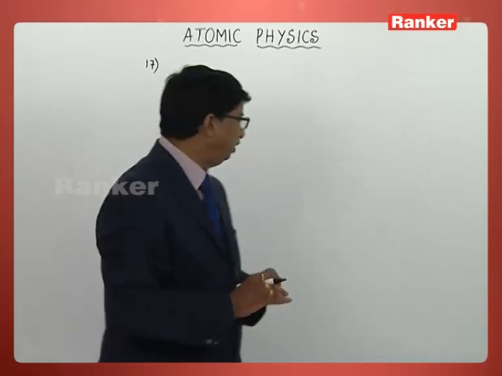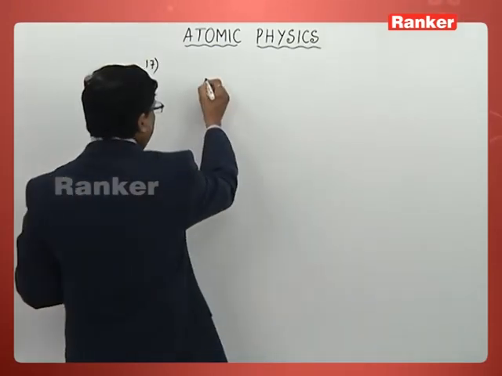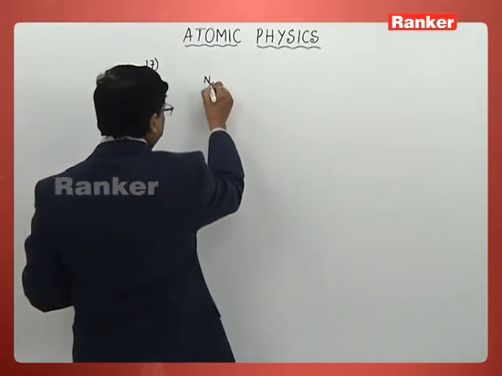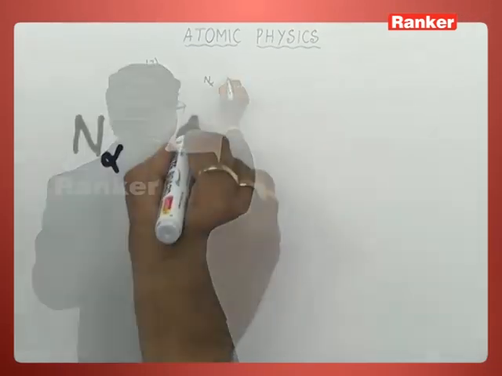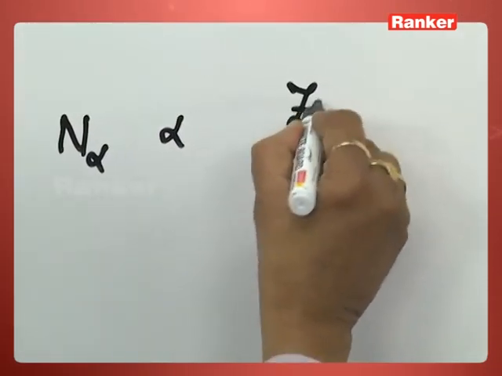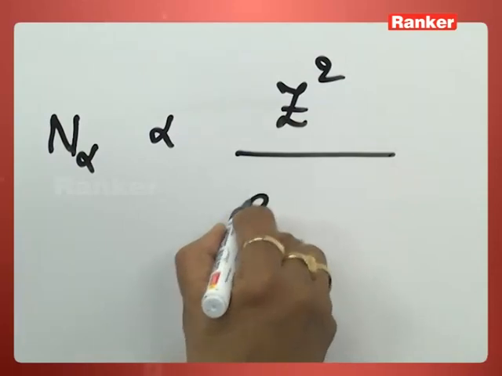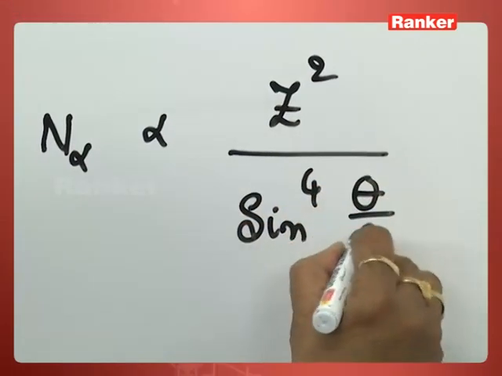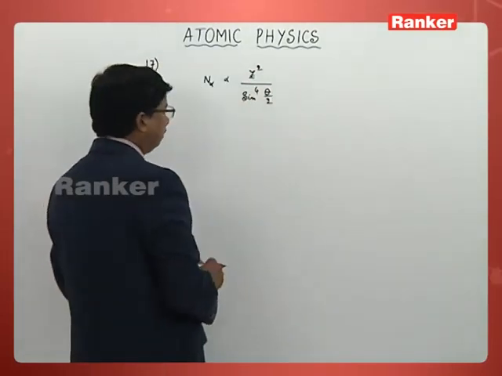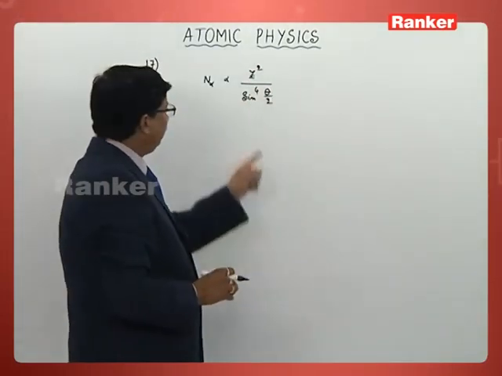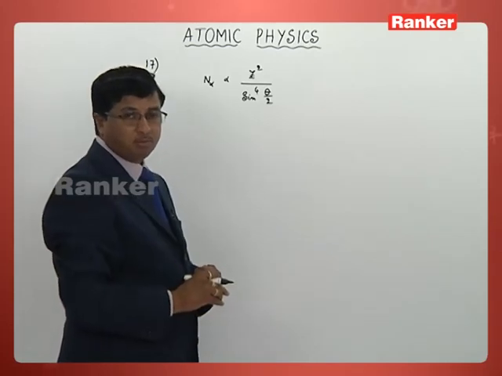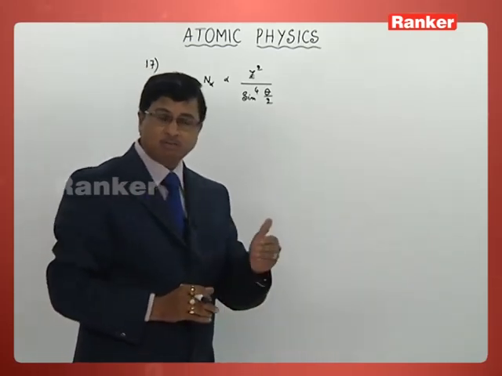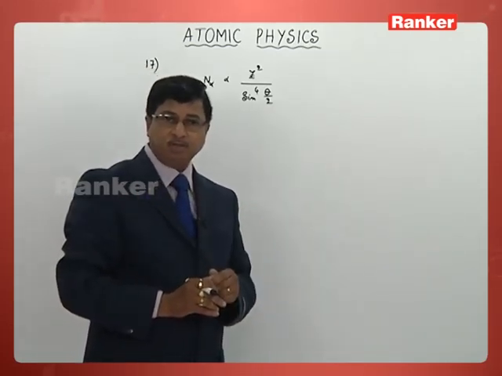Probably all of you might know that the number of alpha particles is proportional to Z square by sine to the power 4 theta by 2. This is the equation you just have to remember, and you might have read this one earlier also. Let me explain what is what.